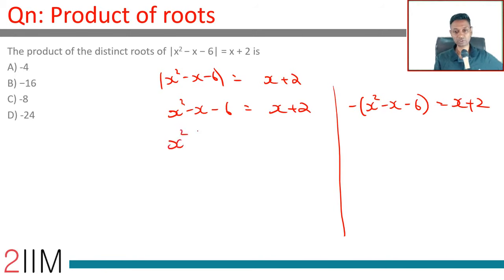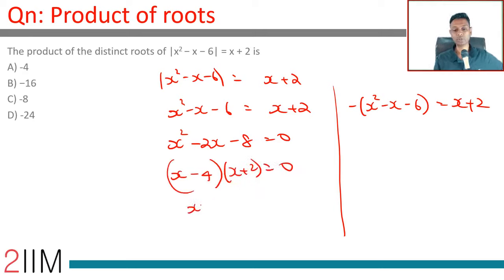It becomes x square minus 2x minus 8 equal to 0. This is x minus 4 into x plus 2 equal to 0. X is 4 or minus 2. Fine. When x is 4, x square minus x minus 6 is 16 minus 4 minus 6, which is 6.